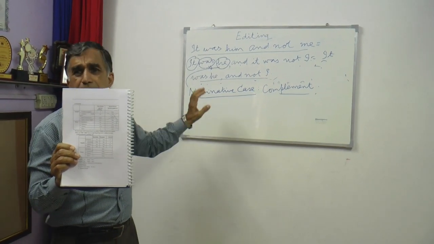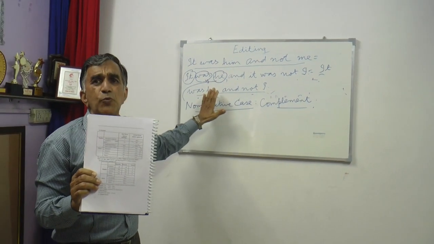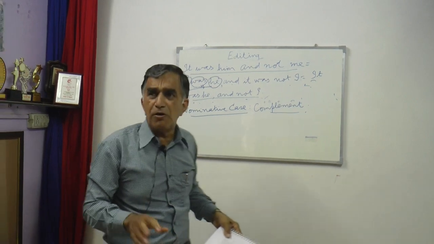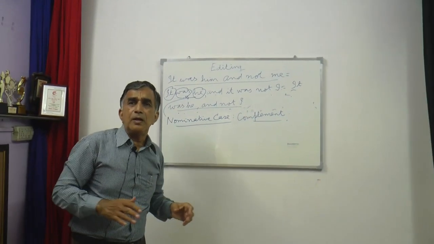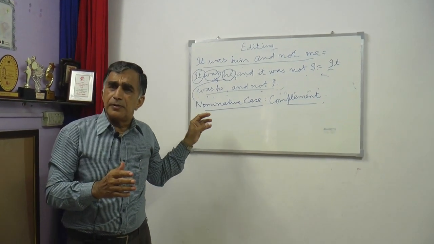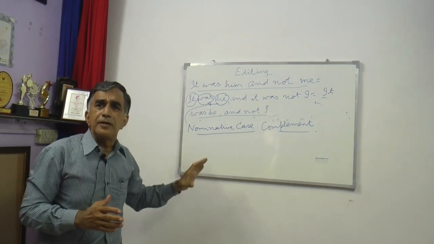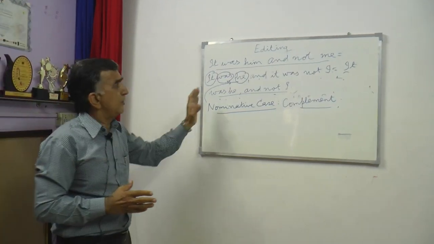Hence, this sentence changes from it was him to it was he. This is the completion of first sentence. Now, we have studied about subject, predicate, verb, complement and case for editing one sentence.